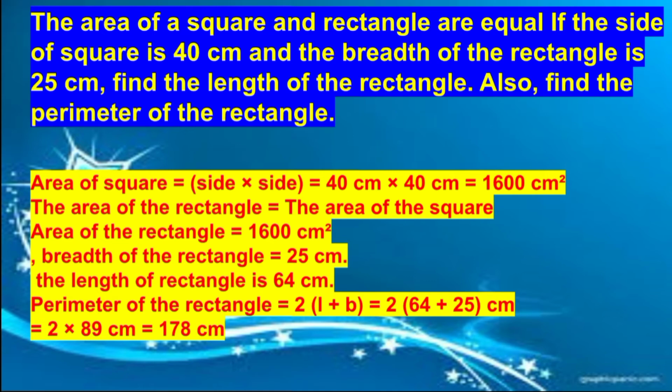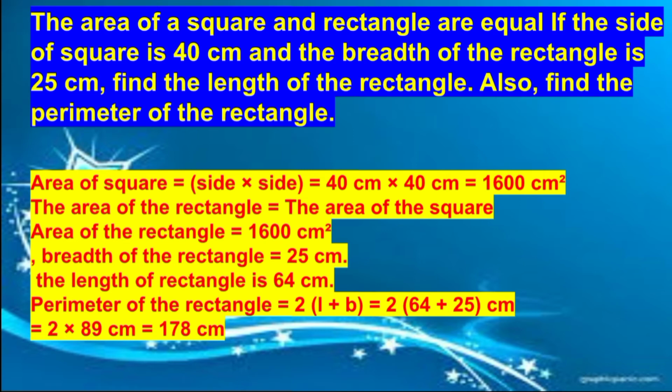So the length will be area by breadth. How? Because area is equal to length into breadth. So if we move breadth to the left, it will change the sign and it will be area by breadth. So the length will be 1600 cm square by 25 cm. That is equal to 64 cm. So length is 64 cm.